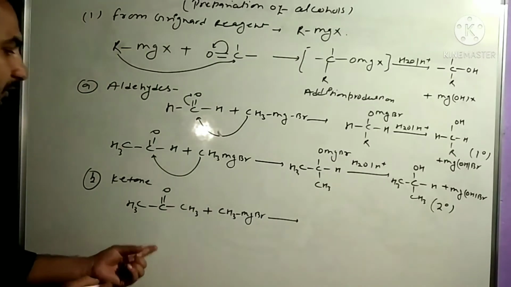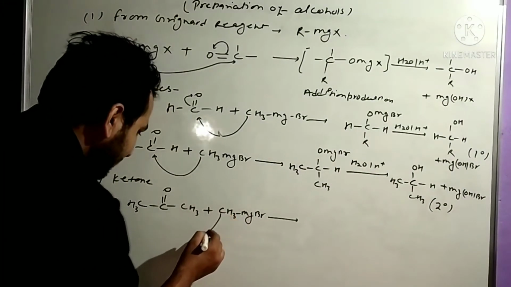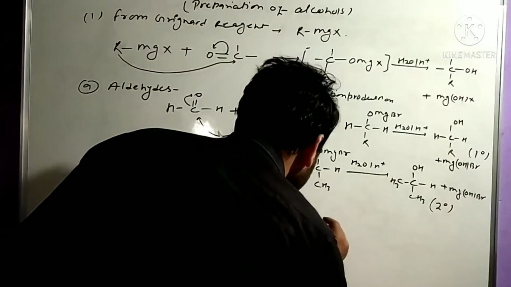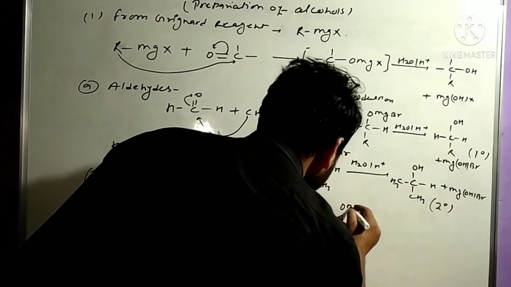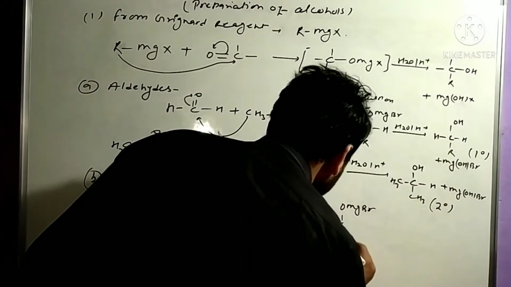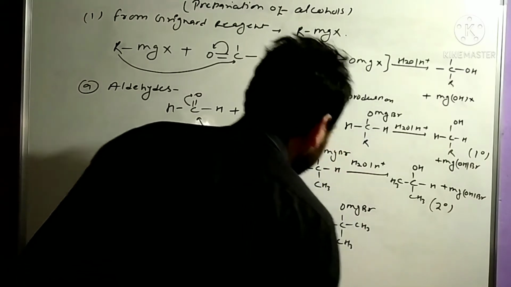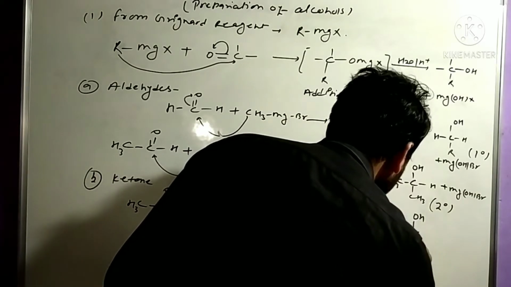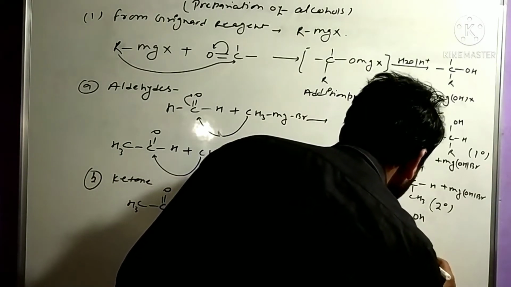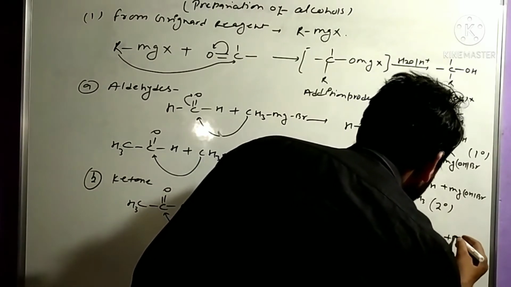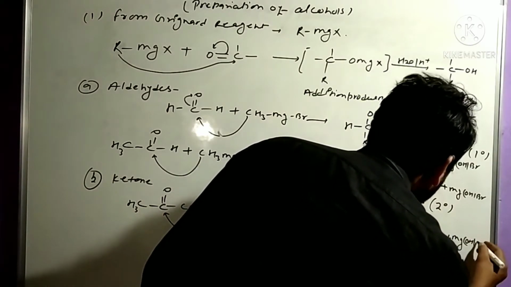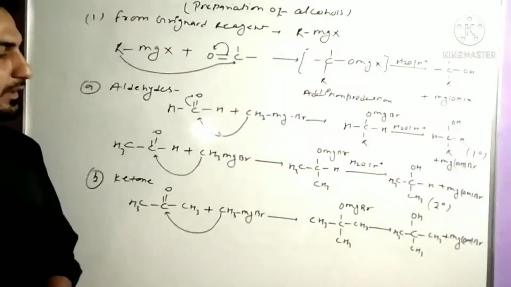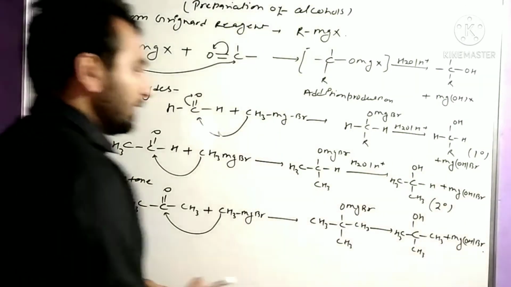Again this shows the same kind of mechanism, the same kind of transferring, and it forms CH3, C, OMgBr, CH3, one CH3 already here, and now it forms C, OH, CH3, plus MgOHBr. And here you are observing that in the case of ketone, it's showing a 3rd degree alcohol.